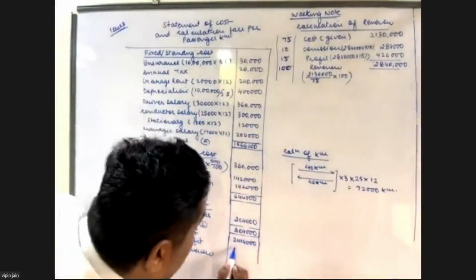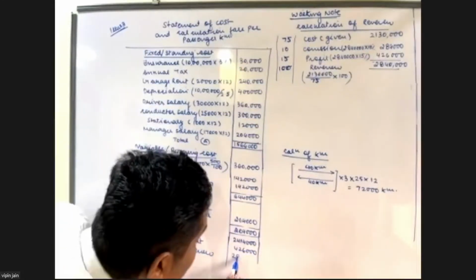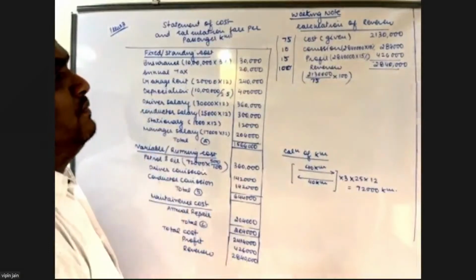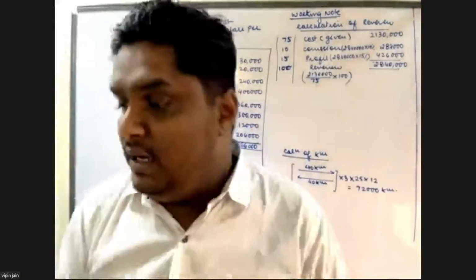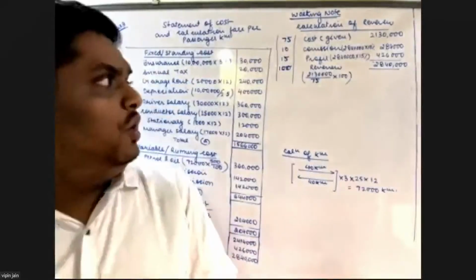My profit will be 4,26,000. And this will be 28,40,000. If you guys have any doubts in this calculation, you guys can please post your query.